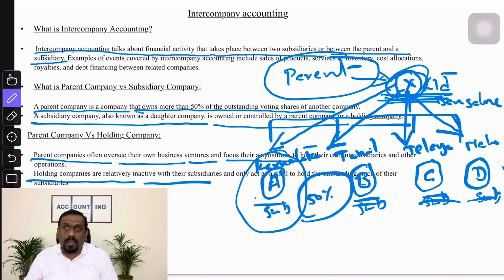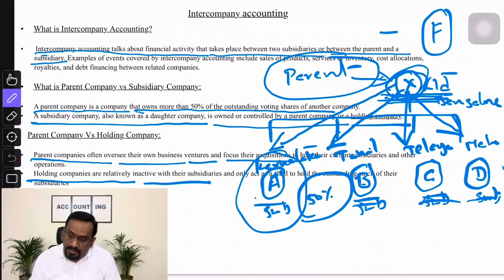Clear? Now, when the transactions happen, for example, X Company Limited manufactured a product called F. This F product is available in the market because X is selling in the market.